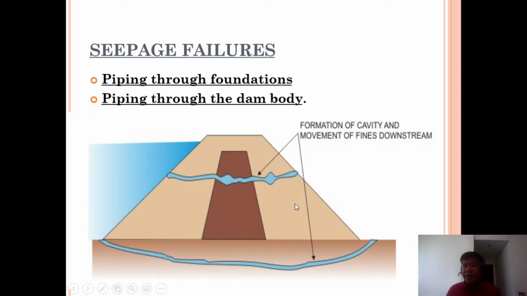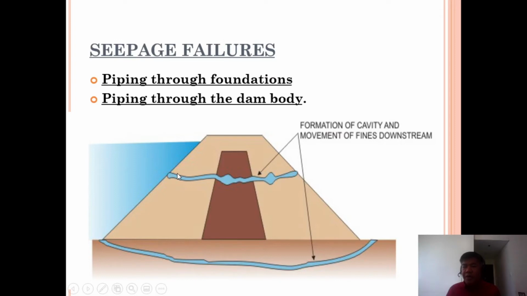But there are two because the material of your dam is earth fill or rock fill, so there will be seepage through the body of the dam. That's why piping occurs through the foundation and piping through the body of the dam.